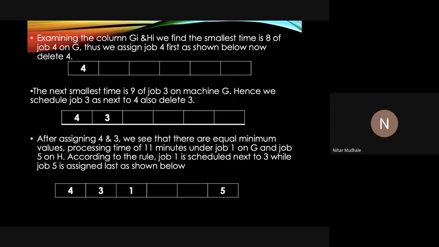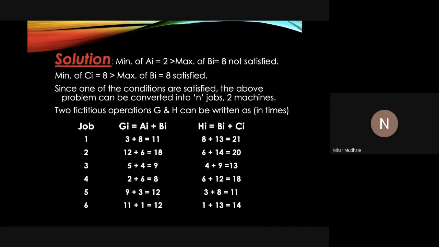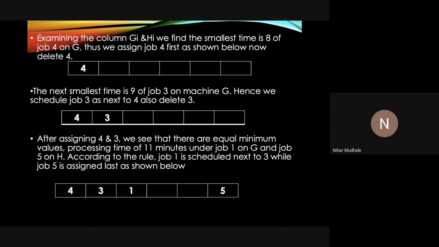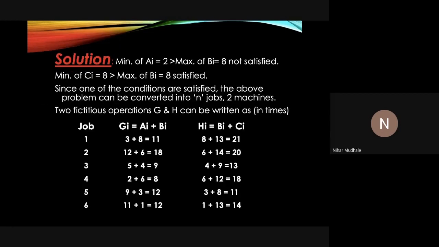After that, examining the columns Gi and Hi, we find the smallest time is 8 for job 4 on G, and the next smallest is 9 for job 3 on machine G.